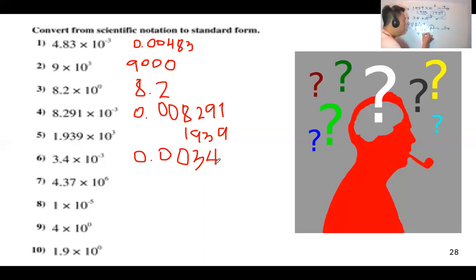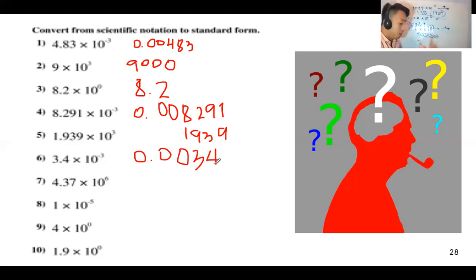From 4.37, we will move the decimal point 6 times. 1, 2, 3, 4, 5, 6. Again, you don't need to write the decimal point. Pwede na siyang hindi ilagay kasi nasa huli naman siya ng number. Ibig sabihin, itong part na to is a whole number.